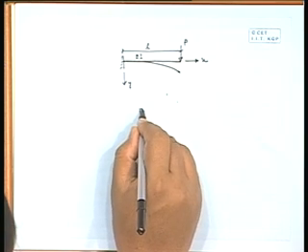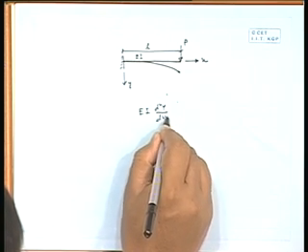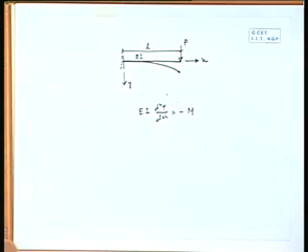The differential equation is nothing but your moment curvature relationship. So, we can write EI d2y dx square equal to minus M, if we say sagging is positive.